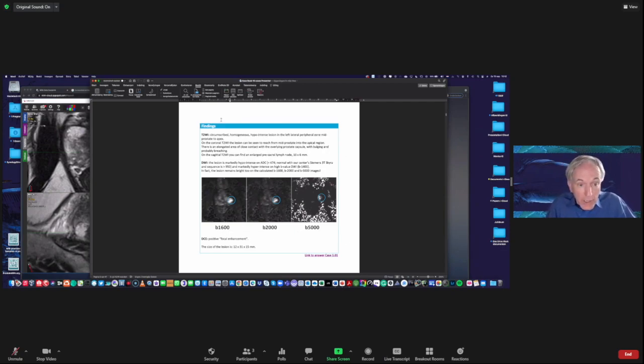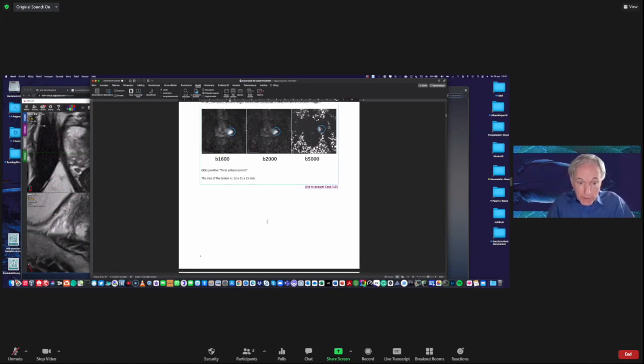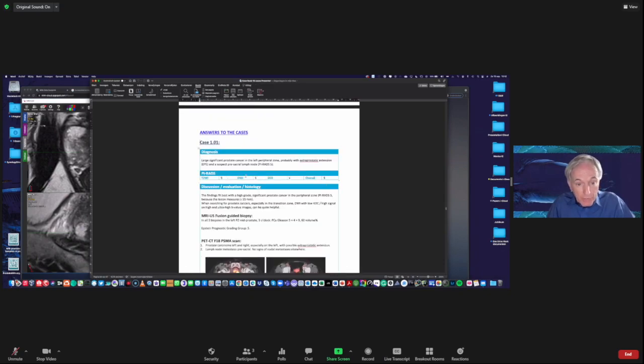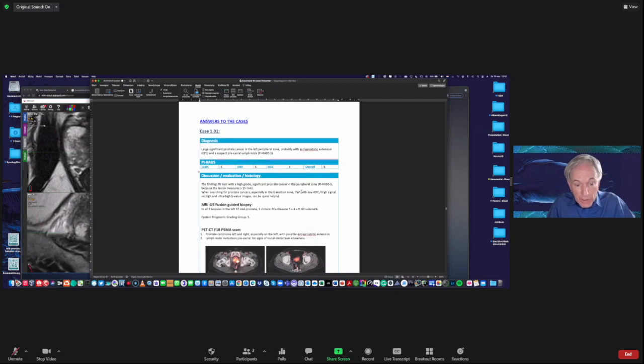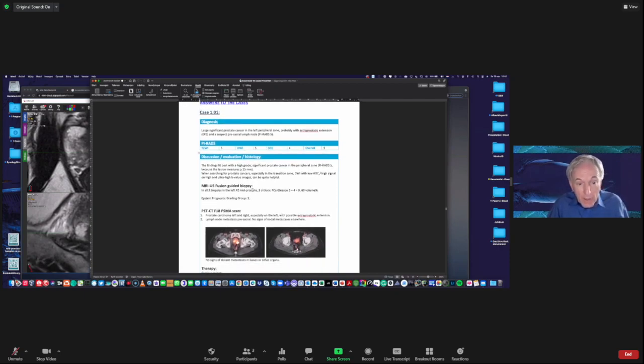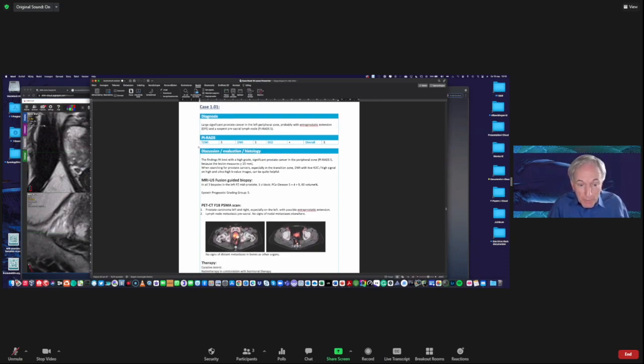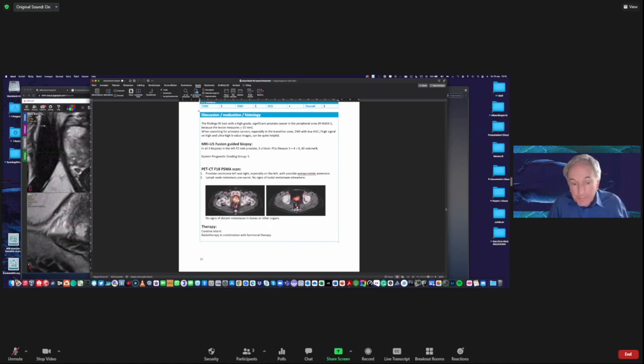So actually here is what I'm showing. Now the lesion is exceeding 50 millimeters, so go to the answer and you see 5 plus, and this indeed is a cancer. Also in this patient a PSMA scan was performed, and you can see a hot spot on the side where the tumor is. And this patient was given radiotherapy.